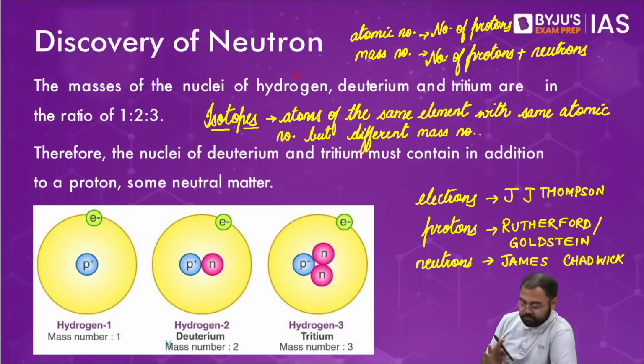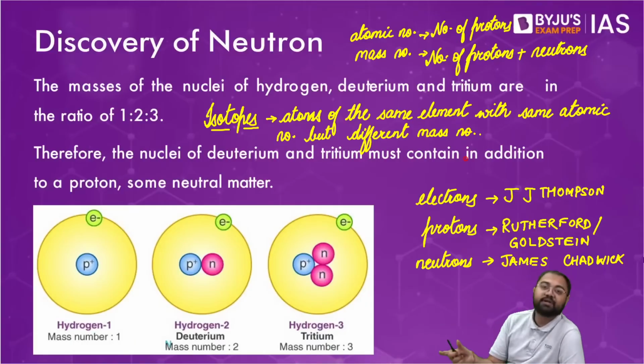Anyway, the discovery of neutrons is attributed to our understanding of isotopes. Isotopes are atoms of the same element with the same atomic number but different mass number. Same atomic number means the number of protons remains the same. Different mass number means that the number of protons plus number of neutrons changes.